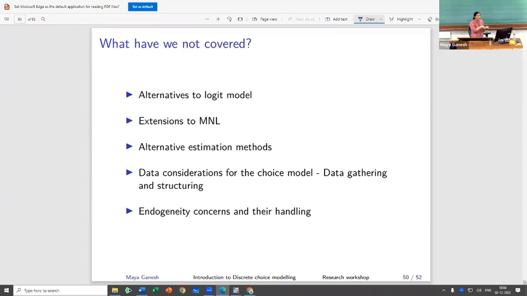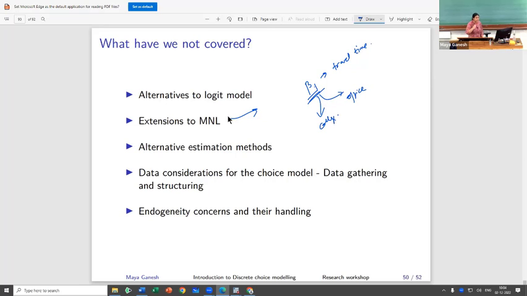Or this IIA assumption. I told you how to test for IIA assumption, but what if it so happens that IIA assumption does not hold in your empirical case? Then there are models called the nested logit models, which can actually relax this IIA assumption and relax the substitution patterns. We also did not talk in detail. I just showed you an example in Stata, but we didn't talk in detail about how to gather the data, how do we structure it, etc. Right?